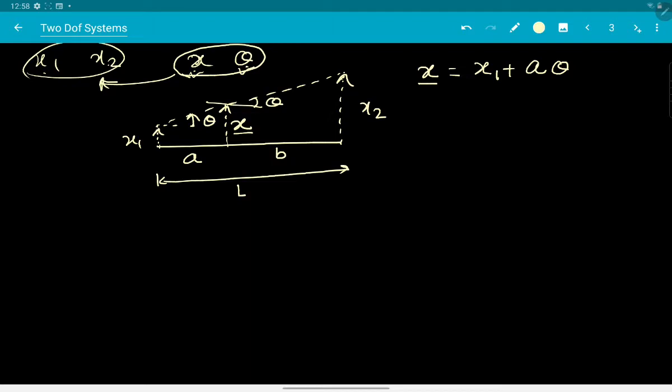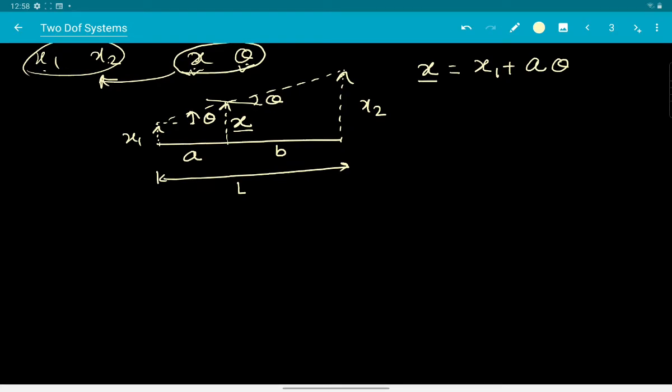Let me write x1 in terms of a, or let it be like this only for the time being. Similarly, I can write x2 as x1 plus L theta.